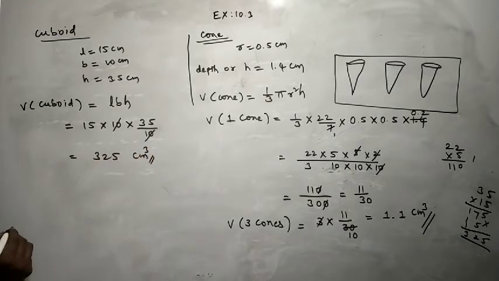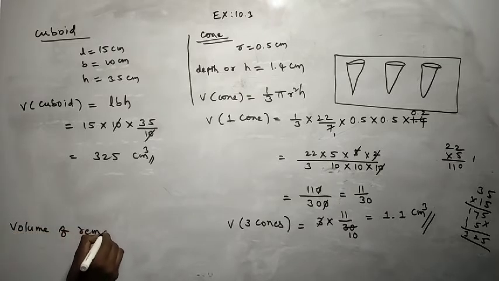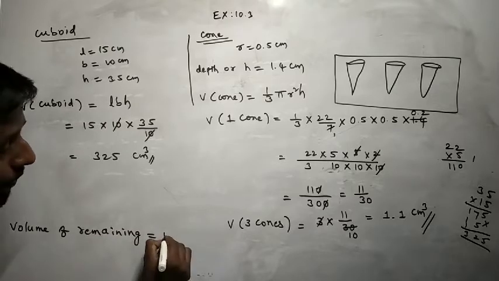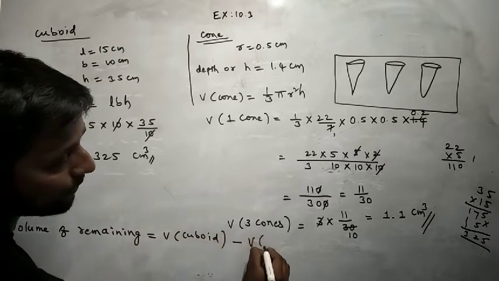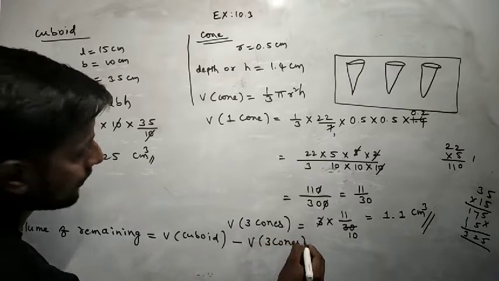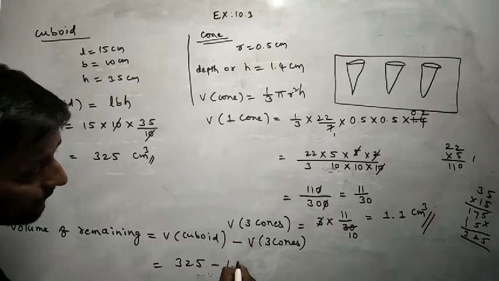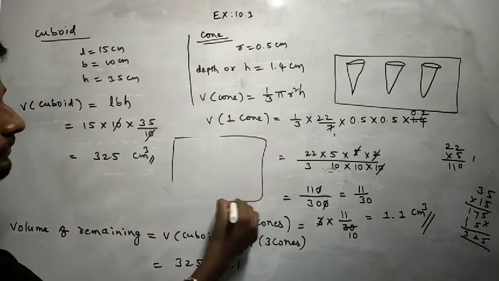So what I want to find is the volume of the remaining part, which is equal to the volume of the cuboid minus the volume of 3 cones. So simply, we'll write 325.0 minus 1.1.